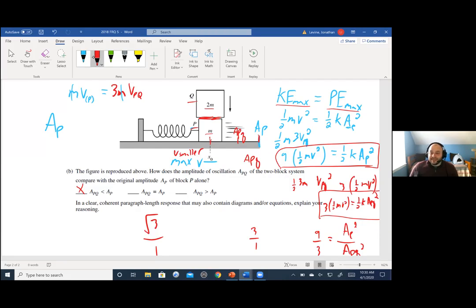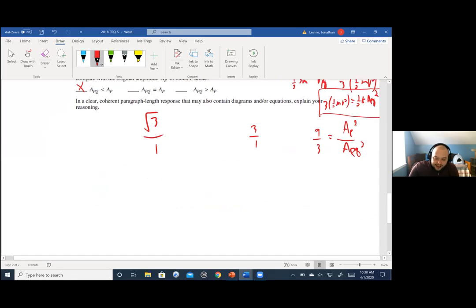Potential energy of the system is directly related to the amplitude squared. Yeah, let's do it. Let me write this out.